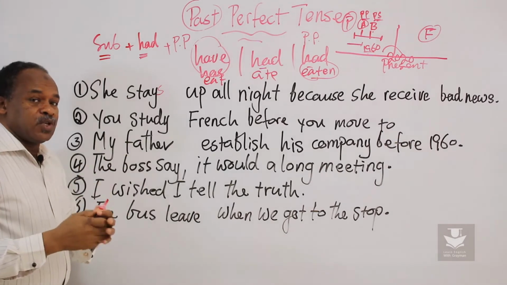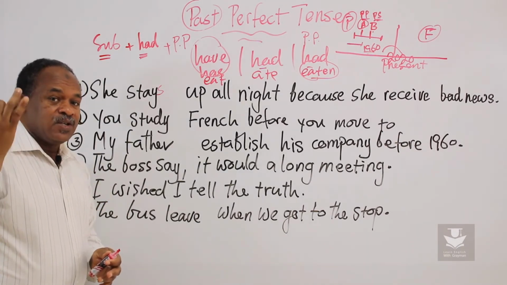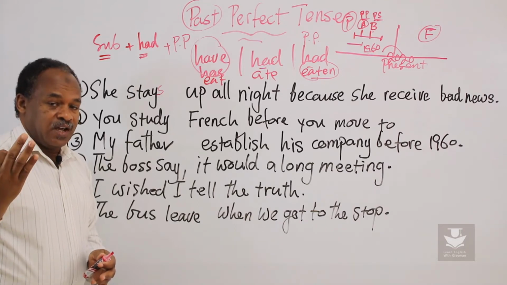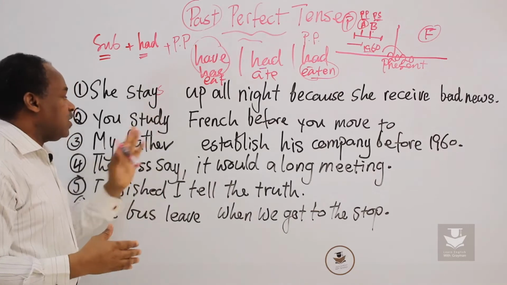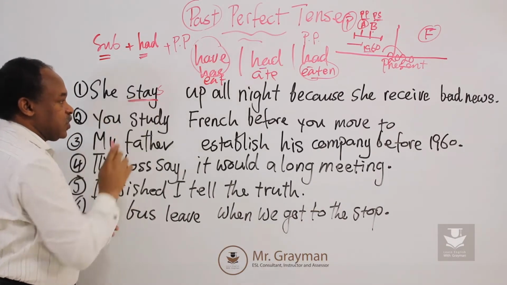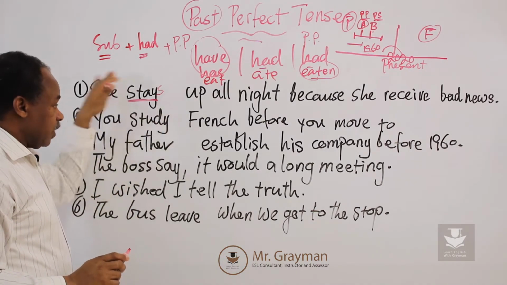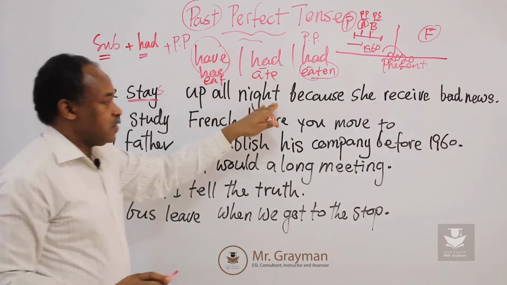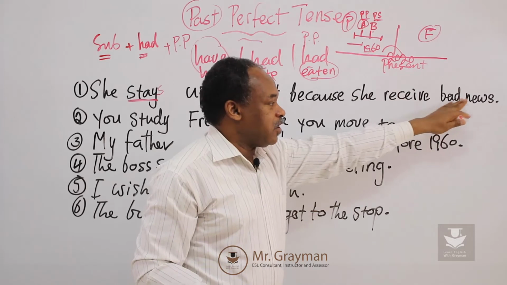The possible options: she stays, she stayed, she had stayed, she will stay. There are other options, but she stay is not possible. I just put the infinitive form of stay.